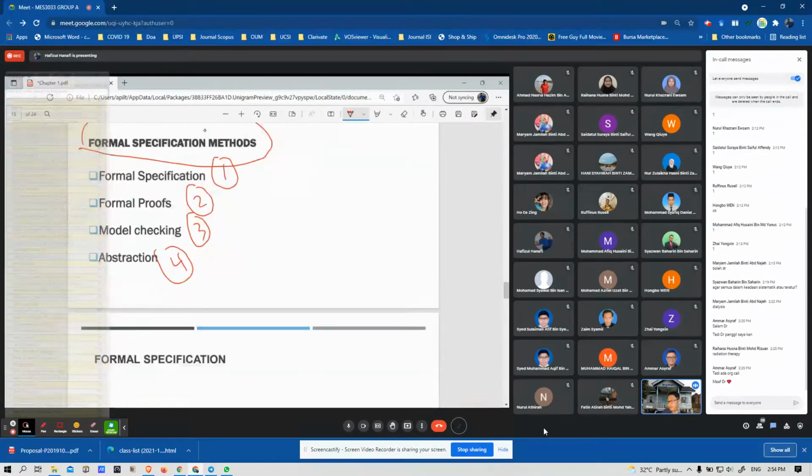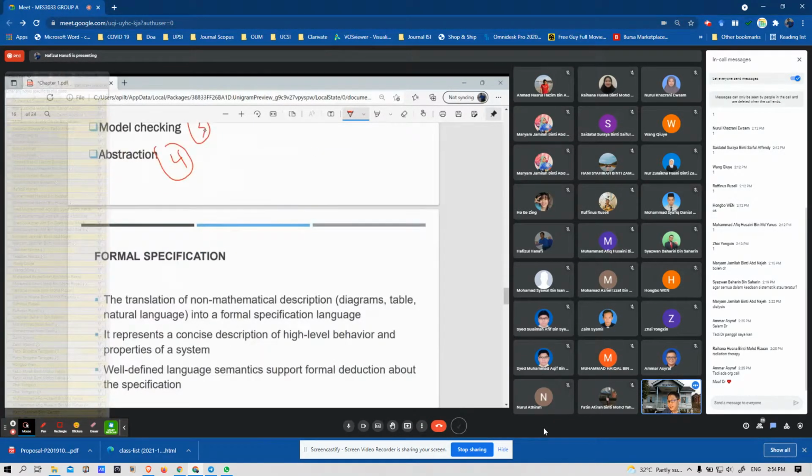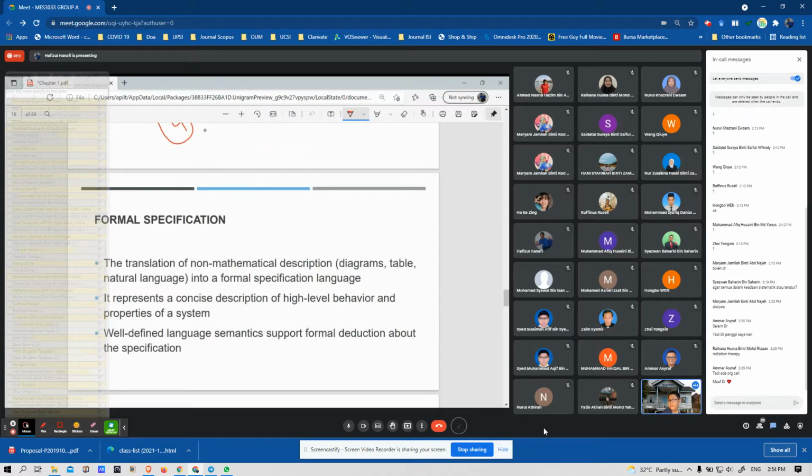Okay, formal specification is basically a direct translation from non-mathematical equations or descriptions. Basically, we are looking at diagrams, tables, and natural language translated into a formal specification language.